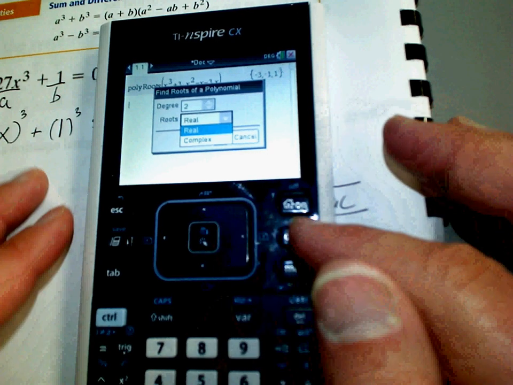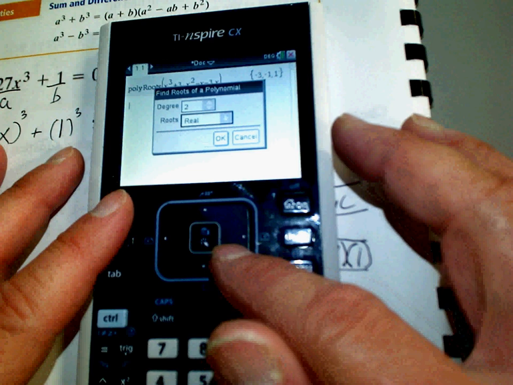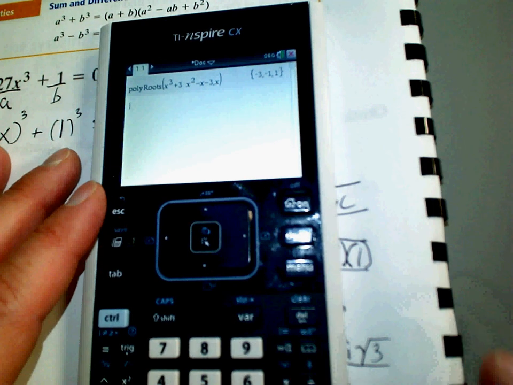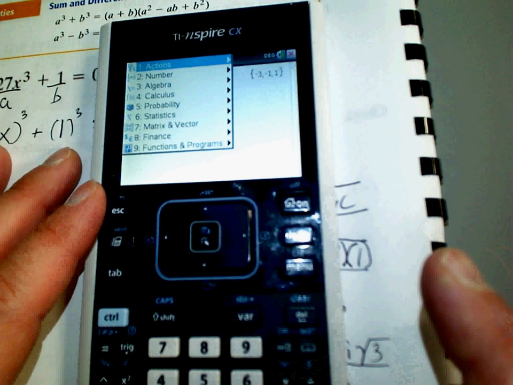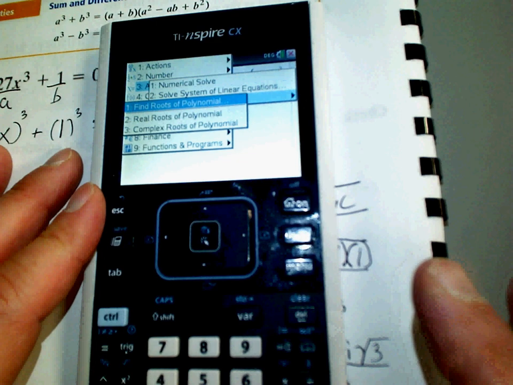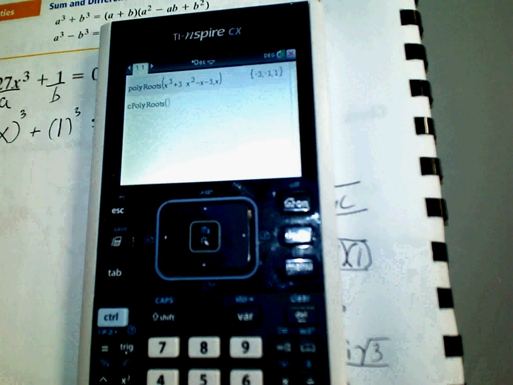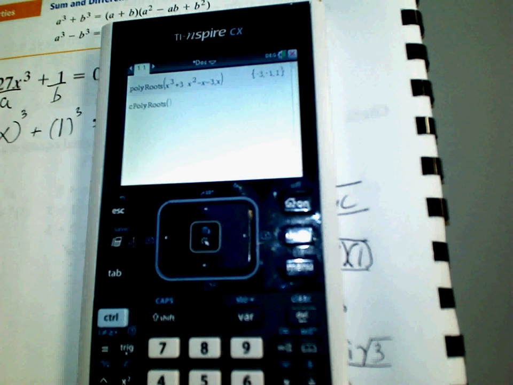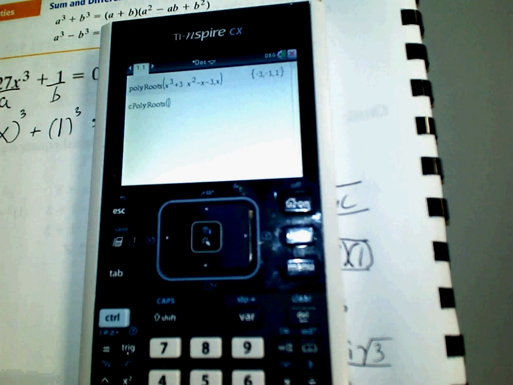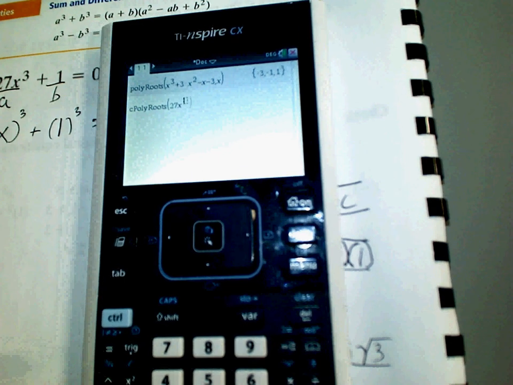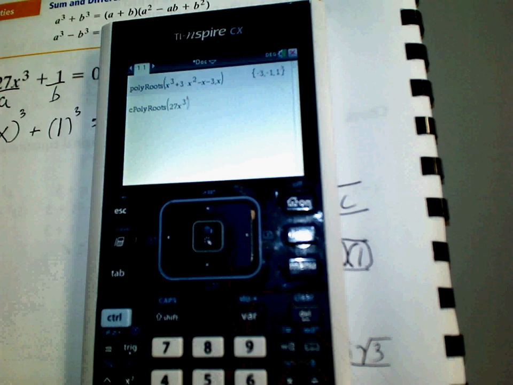I guess I get there from there too, but I'm going to go menu, 3, polynomial tools, complex roots. See polyroots. So type it in, 27x to the third plus 1. What do I have to type next?